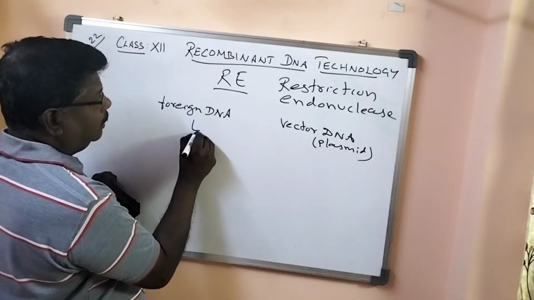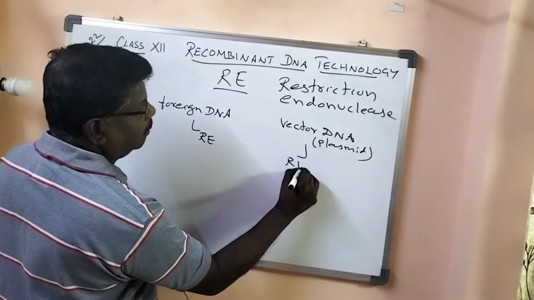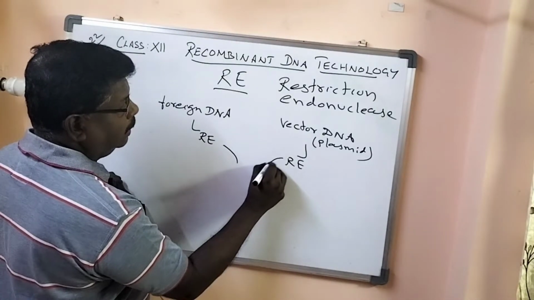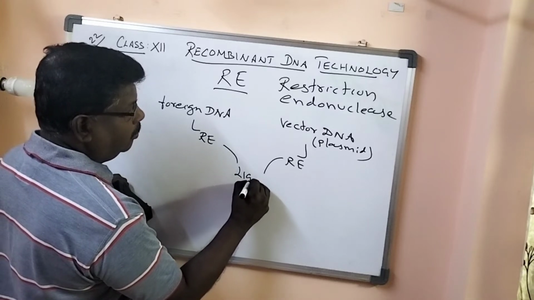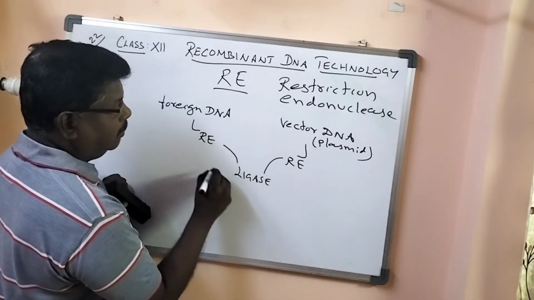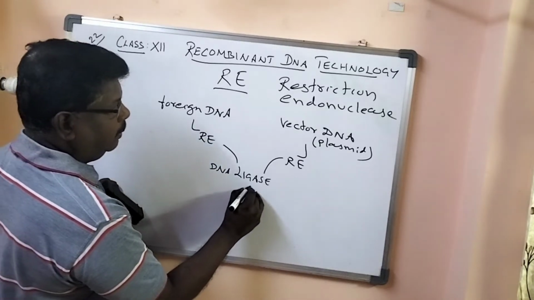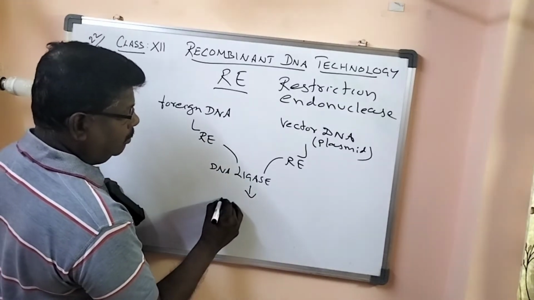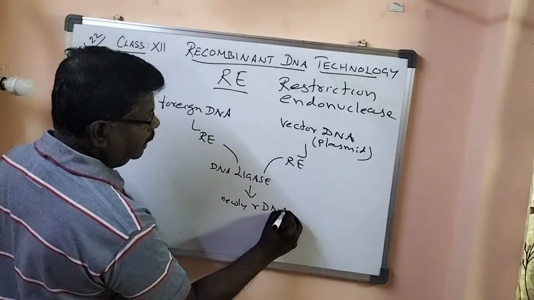They are cut by restriction endonuclease, and they are attached by means of DNA ligase. Then we have the newly formed recombinant DNA.